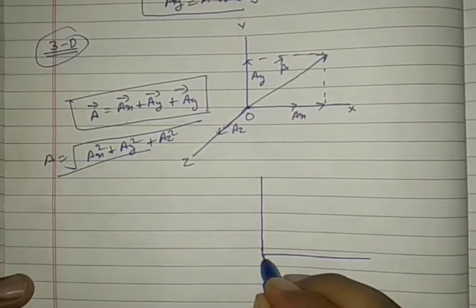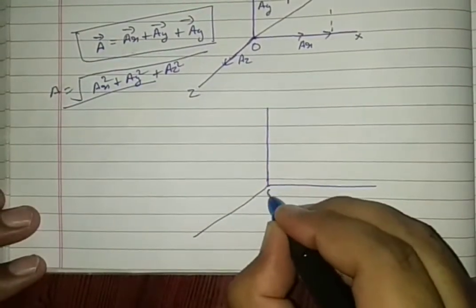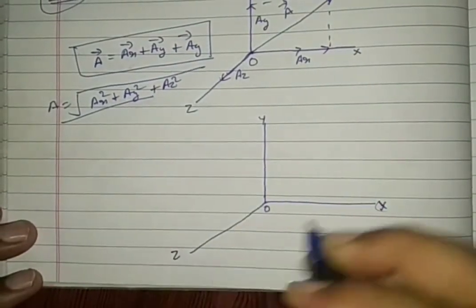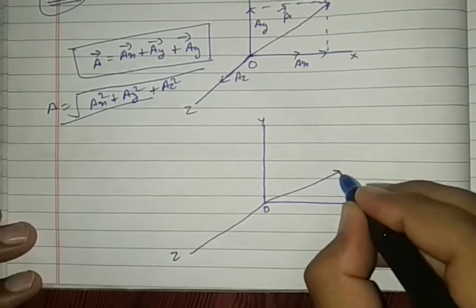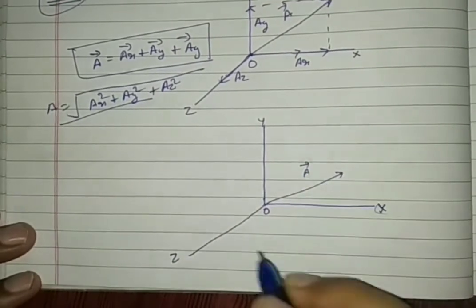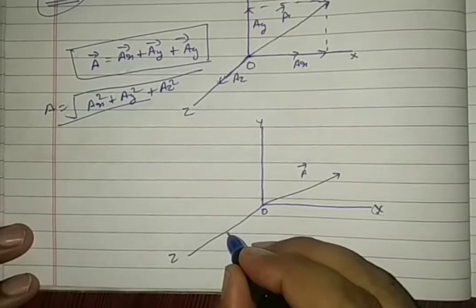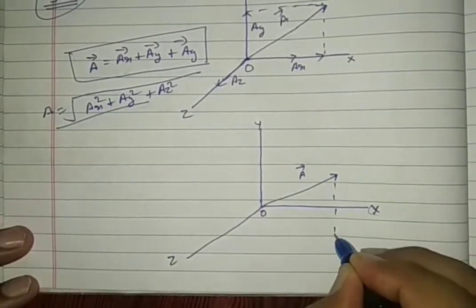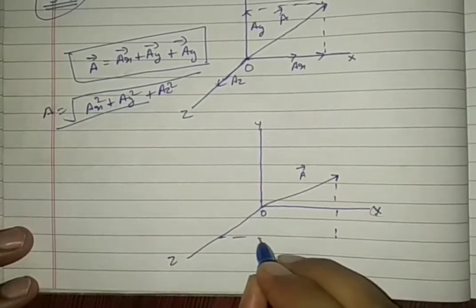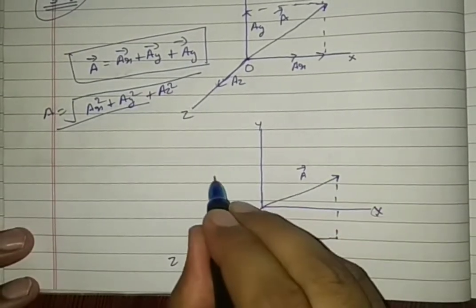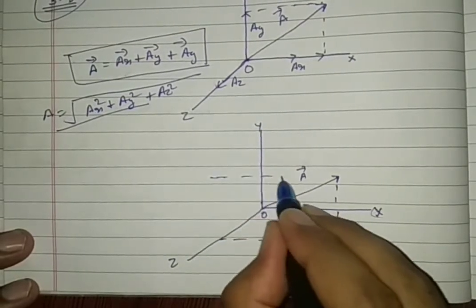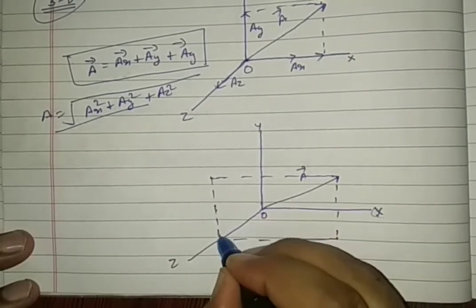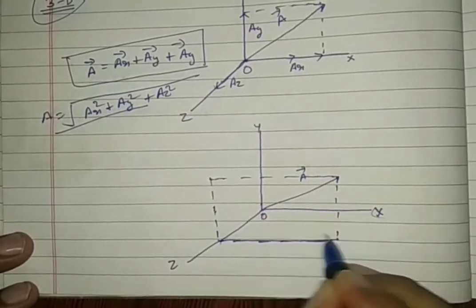See the diagram, how I am making here a frame of reference X, Y and Z. We are selecting a vector A and we want to represent it in terms of this. See this rectangle, everybody.